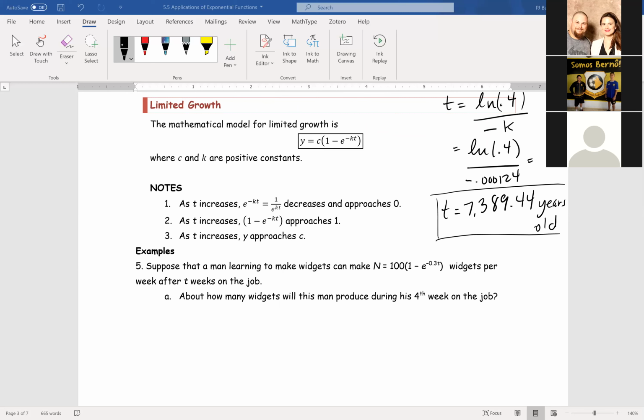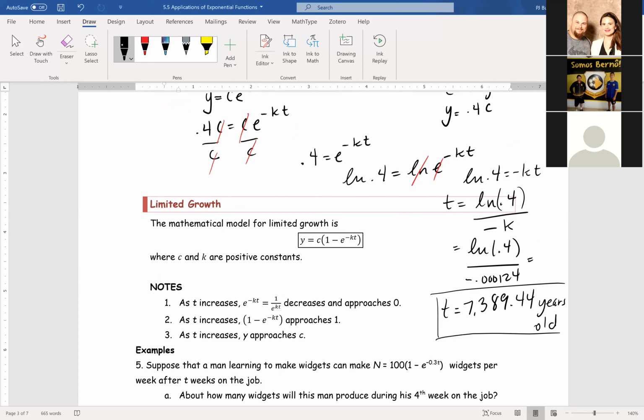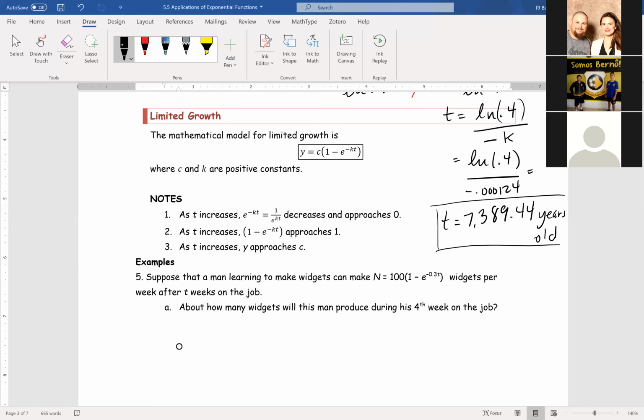All right. So we're talking about limited growth. I thought there was a graph here, but I guess not. So when we're talking about limited growth, we're looking at something that's increasing and then kind of levels off. And it says here, as t increases, y approaches c. So there's some constant out front here.